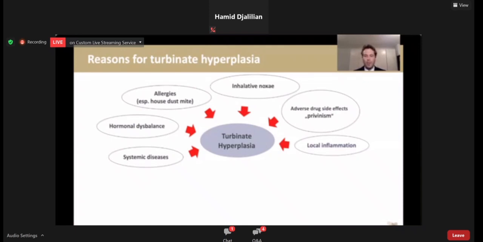Privinism is a very important factor, and also local inflammation. The result of the turbinate hyperplasia is clear. It is nasal obstruction with an impairment of quality of life.